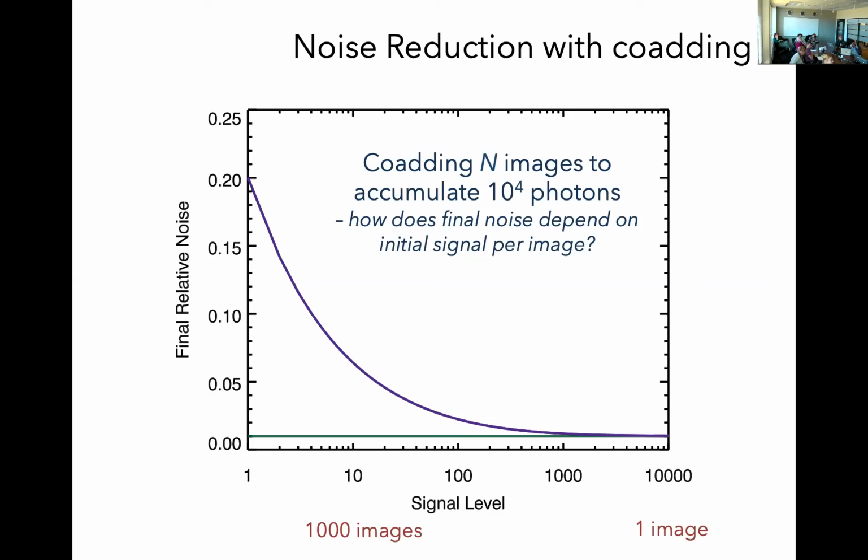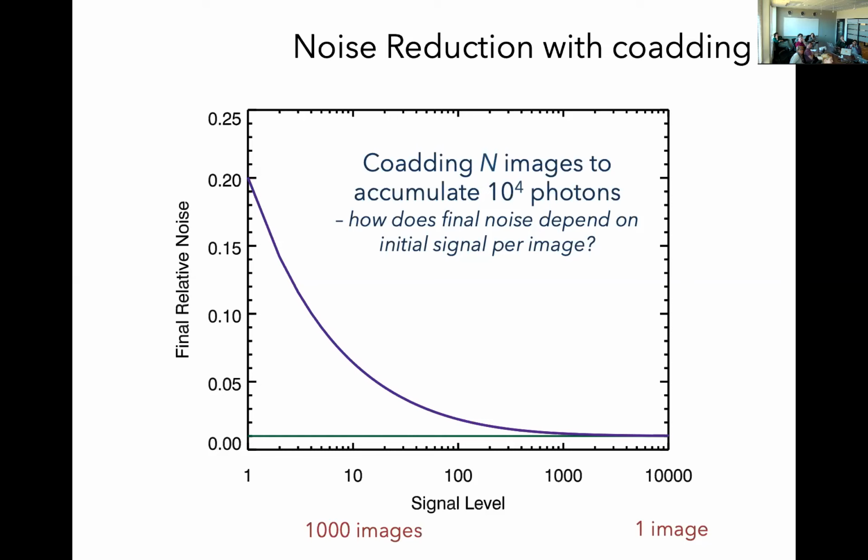So here is a plot saying, okay, I want to collect 10,000 photons, right? I could either take a really long exposure and get 10,000 photons in a single image, and then I would have my 1% noise. My final relative noise would be down to 1%. That would be great, but maybe I need to take short exposures.